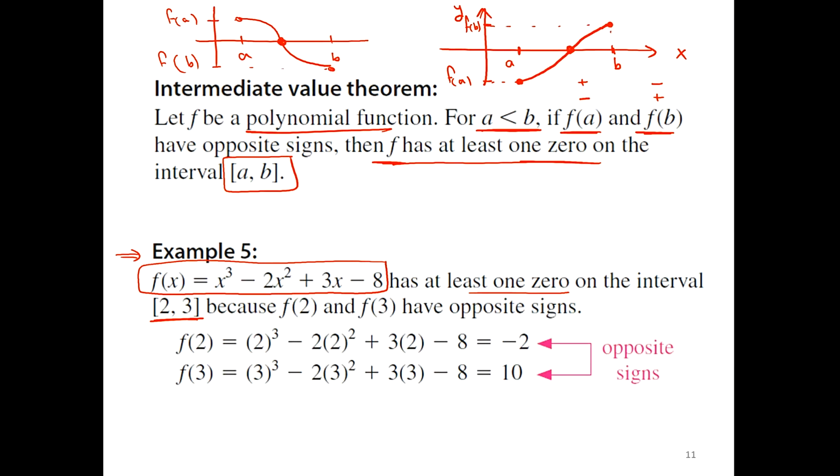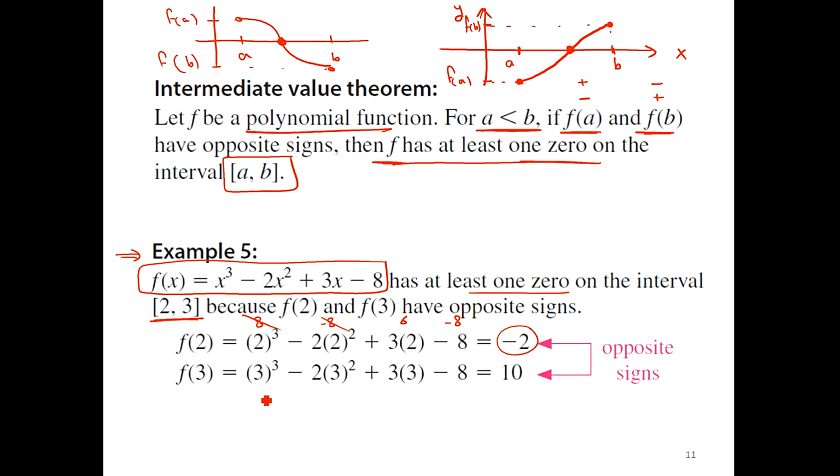If we have different signs, then absolutely we have a zero between 2 and 3 for f of x. After substituting 2, we have 2 to the power 3 minus 2 squared plus 3 multiplied by 2 minus 8. This is 8, this is negative 4, this is 6, and this is negative 8. 6 minus 8, we have negative 2.